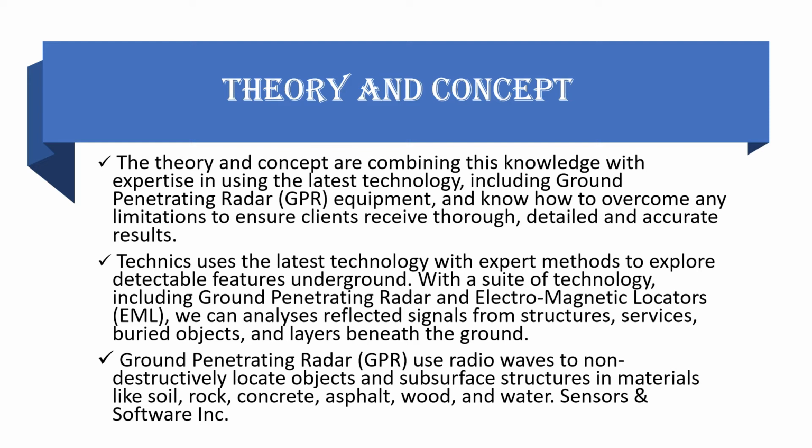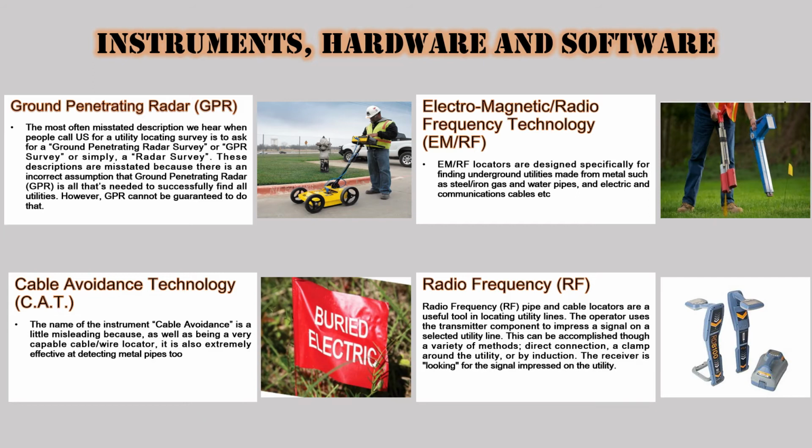Sensor and software. Next, I will present to you about instrument, hardware and software. The first instrument that can be used is ground penetrating radar or GPR. The most often misstated description we hear when people call us for a utility locating survey is to ask for a ground penetrating radar survey or GPR survey or simply a radar survey.